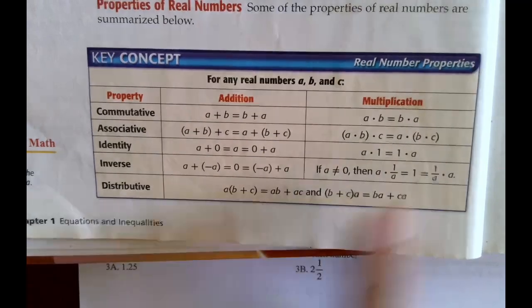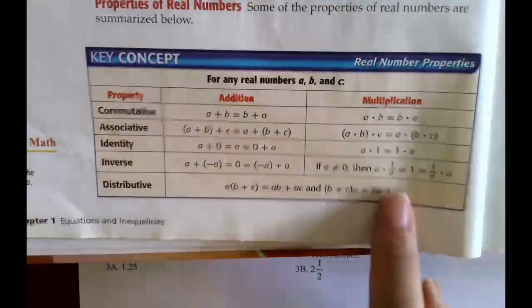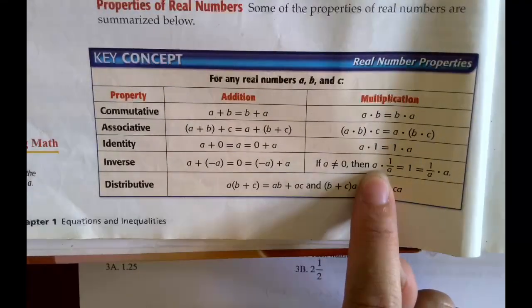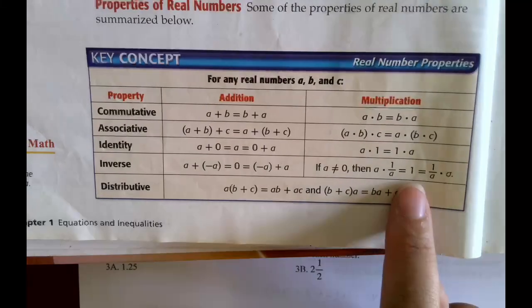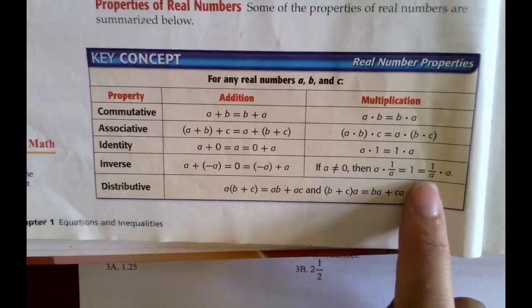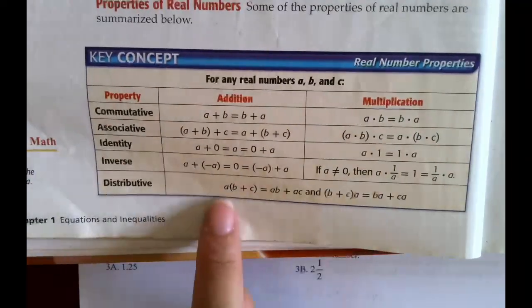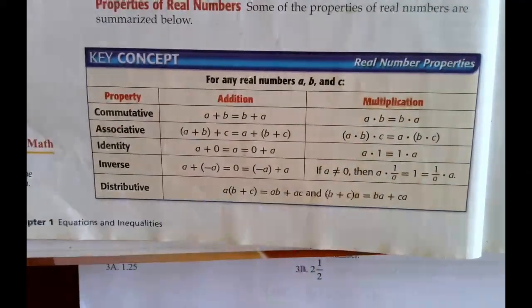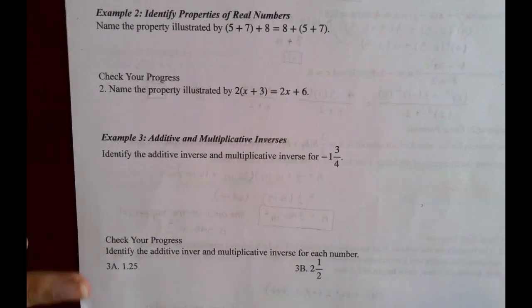And so that's why the inverse for multiplication is multiplying by its reciprocal often. So A times 1 over A is 1, because it's canceling out or doing the opposite of it. And distributive property, you probably know that pretty well. We're distributing the thing by multiplying it in. So there you go. Let's move on to example 2.